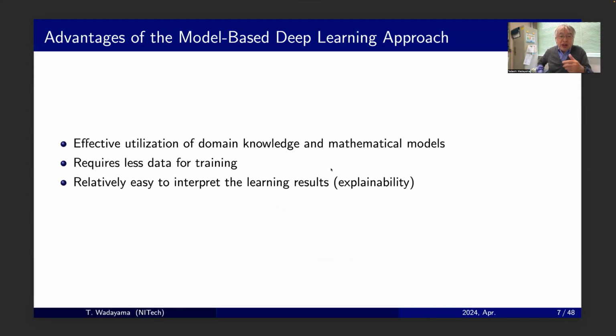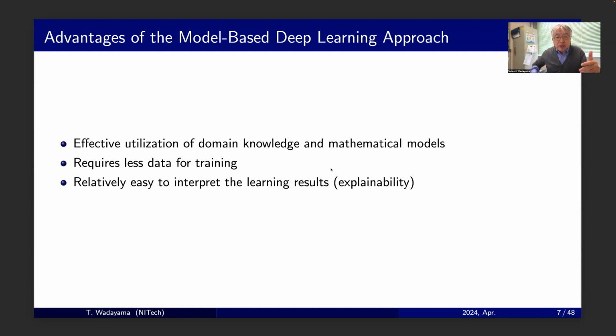Okay, so the advantages of model-based deep learning can be summarized as follows. The first merit is effective utilization of domain knowledge and the mathematical model. So we can make use of what the previous researchers have developed. So this is kind of domain knowledge.